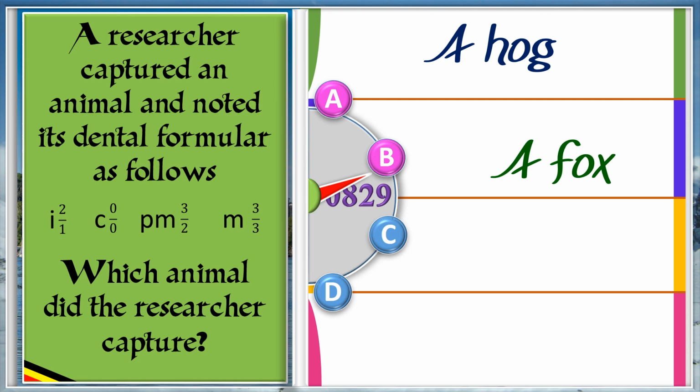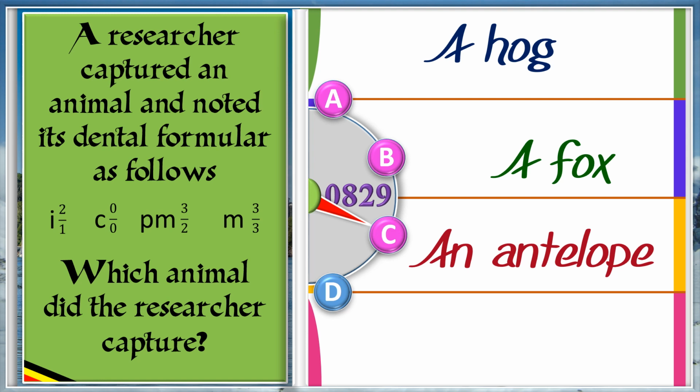B. A fox. C. Antelope. D. A rabbit. The answer is D. A rabbit.